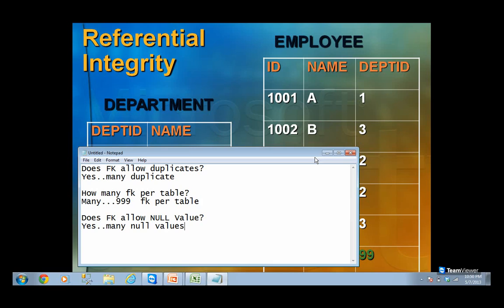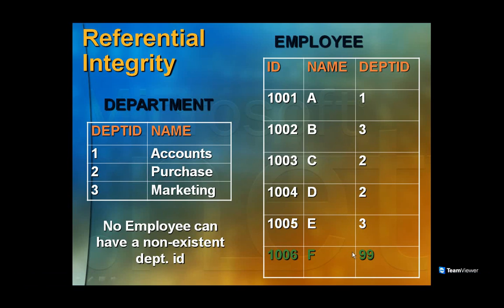Because, for example, when you join a company, you will be in training for a month. For the first month, what is the department ID for you? The department ID is a null value for you. So it has to allow null values in foreign keys. Many people think a foreign key will not allow null values, but that is wrong. A foreign key always allows null values.